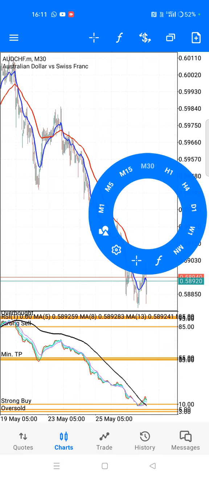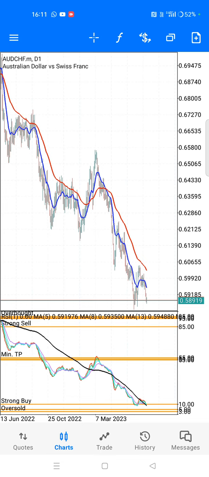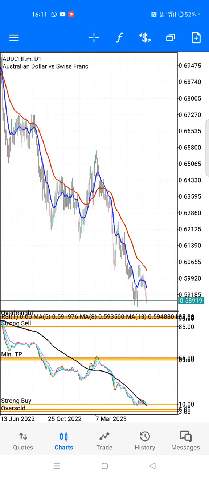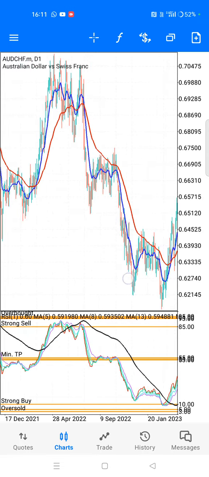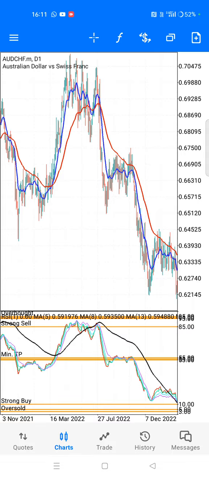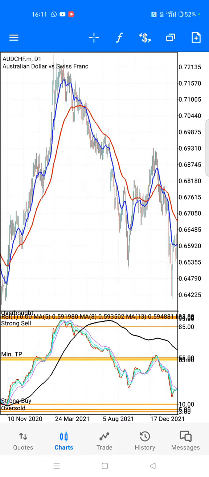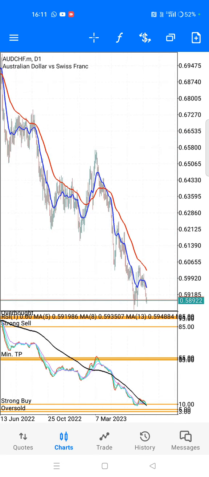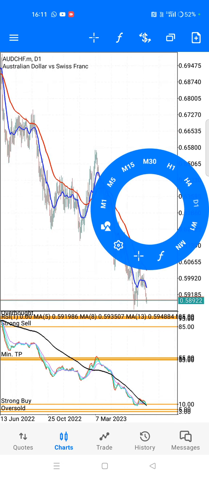So like I say, go to the daily time frame. Daily time frame, you look, is a definite downtrend. This is a definite downtrend. Even if you don't look until there, it's a definite downtrend. Here is also a definite downtrend. You have to look at the bigger picture.